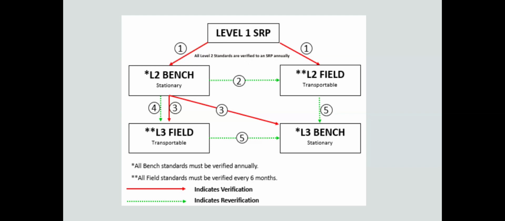So that was one of their comments, and that basically puts us in a position where we have to purchase another level 2 standard. Our level 2 is basically our bench standard.